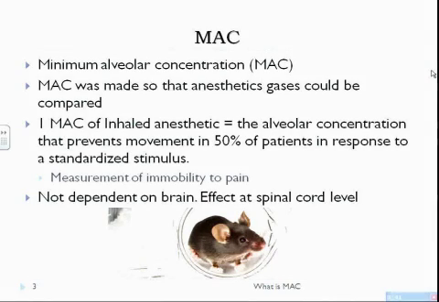Now, every once in a while in shows, you'll see a person have a painful stimulus applied to them and then they move. And the people say, well, he's awake. No, he's alive. There's a big difference between being dead and very deep, okay?